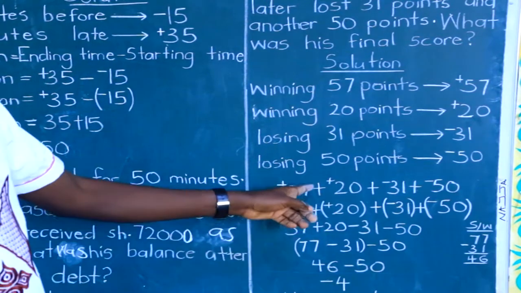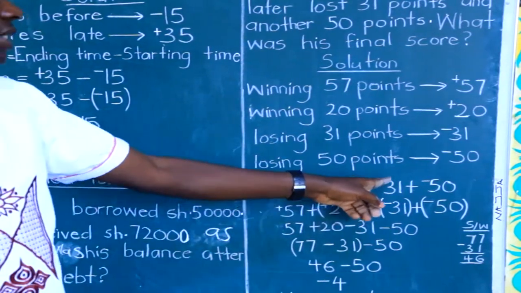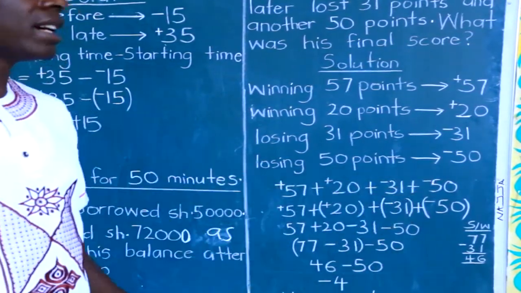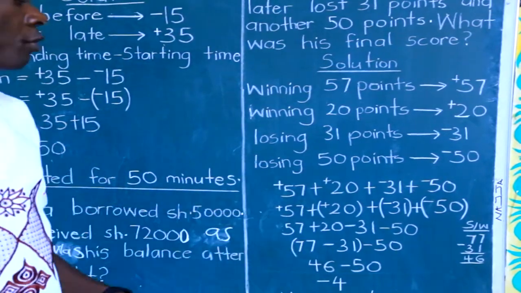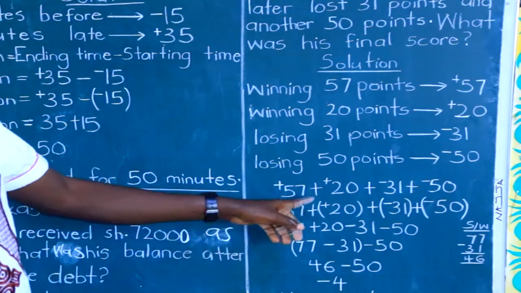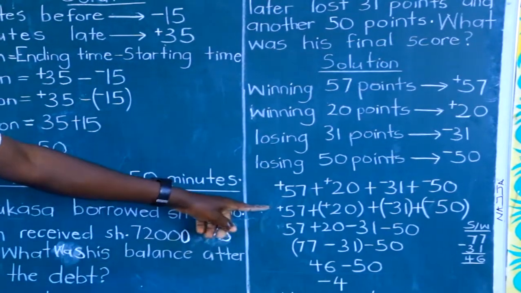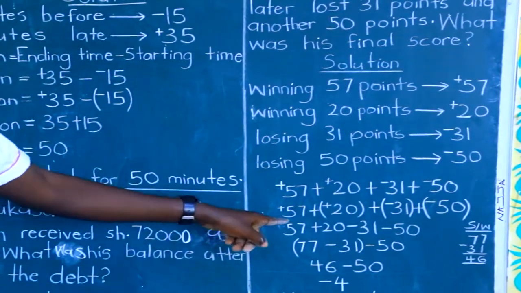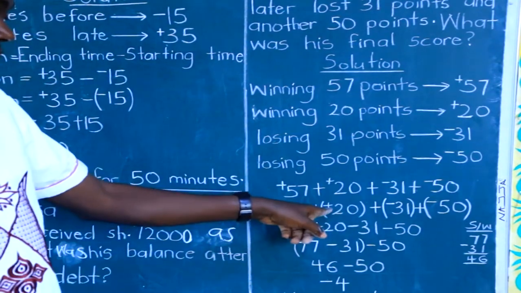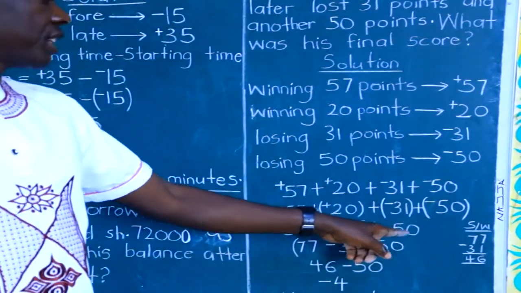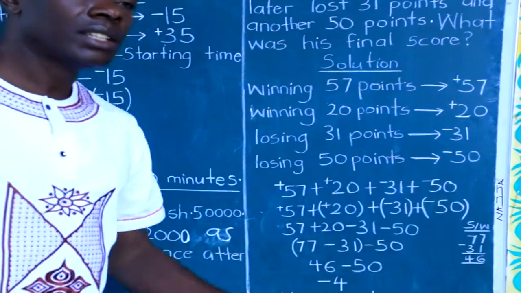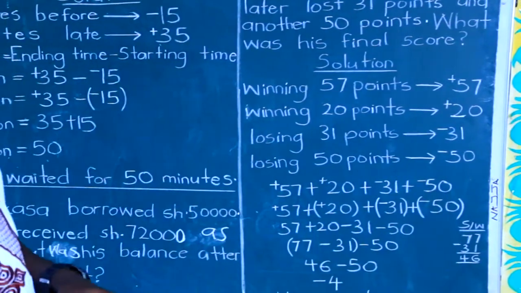And now I've got plus positive, plus negative, so we are going to eliminate through multiplying. Thus, put these added in brackets. That's why I say positive 57 plus into positive 20 plus into negative 31 plus into negative 50.